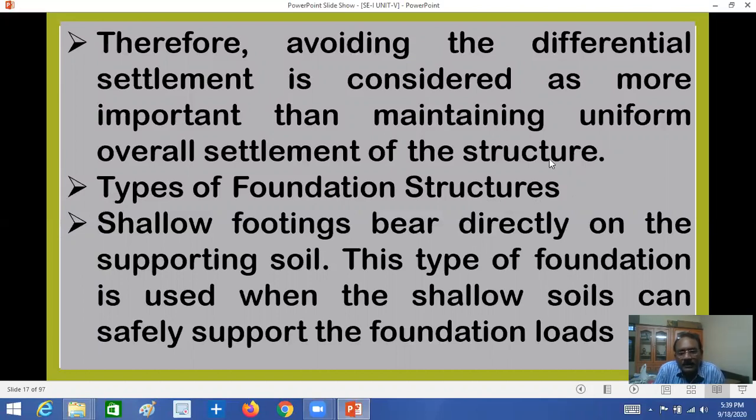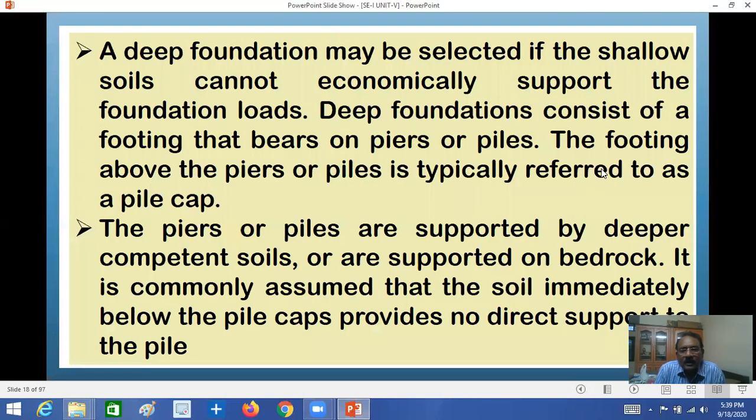The depth will be less, and whenever depth is more, we go for deep foundation. So when the soil is hard, like murram or rocks, we go for shallow foundation. If the soil is weak, we go for deep foundation.